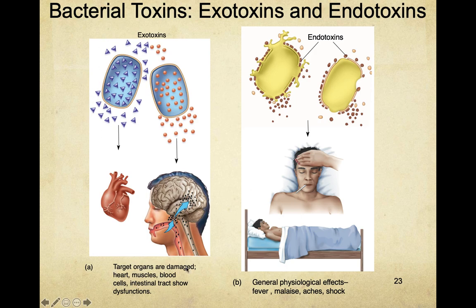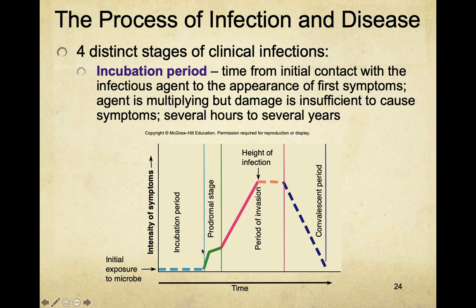You can also see the different types of tissues and different types of effects that the different types of toxins have on the body. Okay, so the disease progression, how a disease works. This is the exact same thing as lag, log, stationary, death phase. Lag stage, the incubation period. You come in contact with a brand new infection.